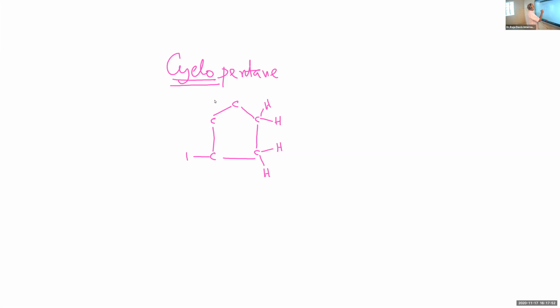And this is the structure of cyclopentane. This is the complete structure. We call this the structural formula of cyclopentane. That means the complete structure is shown. All the bonds are shown.